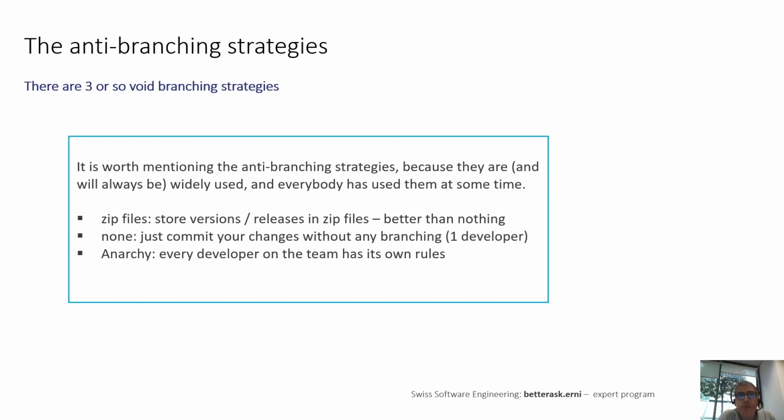I go for lunch, commit, and like that. It's no strategy at all, but at least you save your changes. Another one is anarchy. Every developer on the team does whatever they see fit, and this happens. Maybe most of you have done it sometime. At least me, I have done it. I do whatever I like or I can.